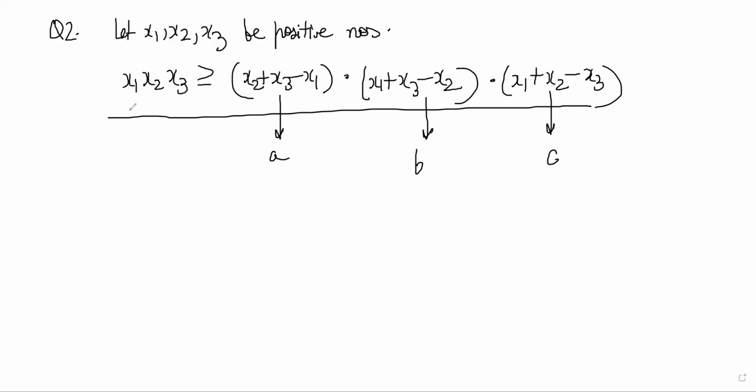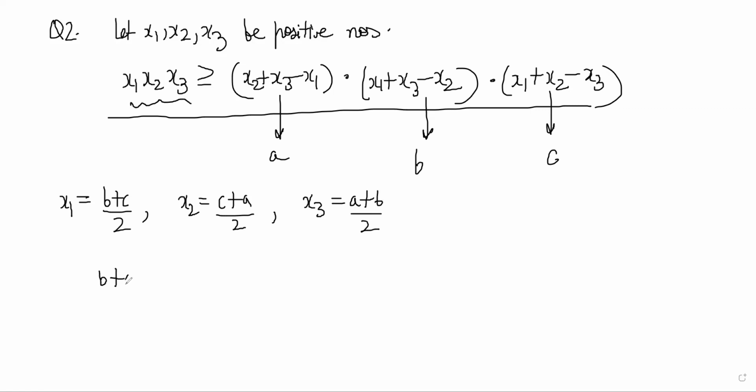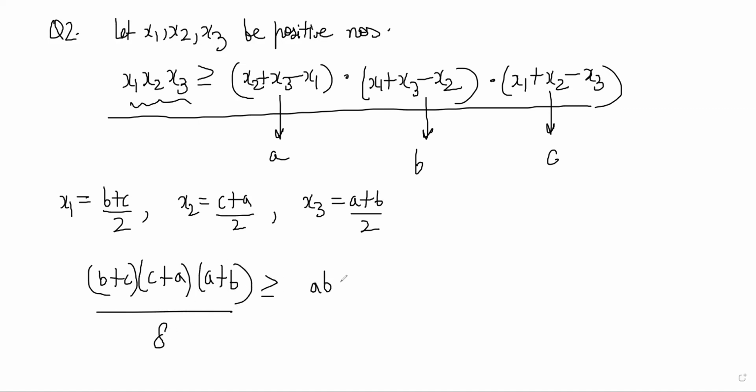And then we have to prove basically that x1 is (B plus C) by 2, x2 is (C plus A) by 2, and x3 is (A plus B) by 2. And you can easily see that this product, (B plus C)(C plus A)(A plus B) by 8, is greater than or equal to ABC.